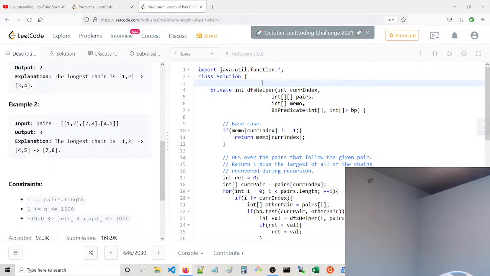It must be the one with the smallest end time.